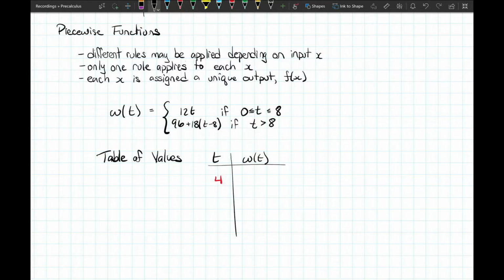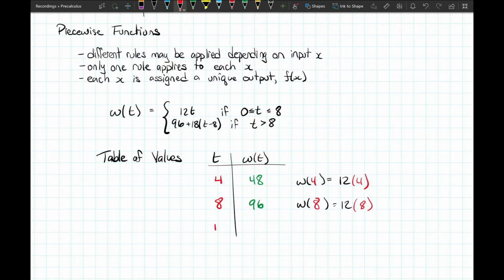And if we only work 4 hours, then we'll only be using the top rule. Total wages for 4 hours is simply calculated as 12 times 4, giving us $48 total wages. For an 8-hour shift, we'll only use the top rule, since t is up to or including 8 hours. And so we can see a total wages for 8 hours is $96.